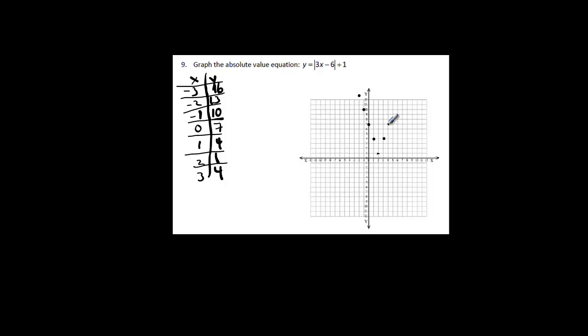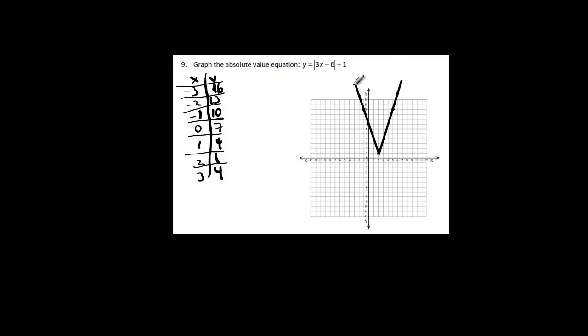Then, I mean, you could keep it symmetric on both sides because it's a V. So let's draw these lines in here. Let's straighten this one out a little bit.